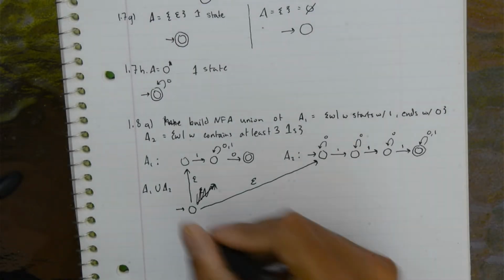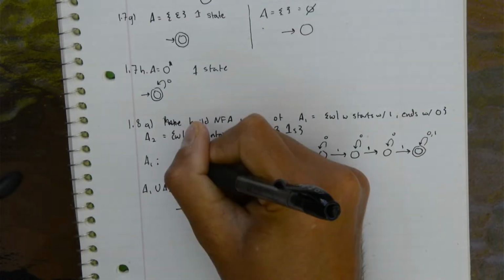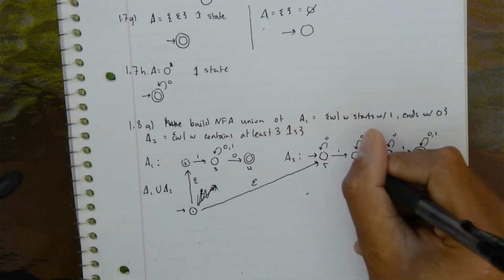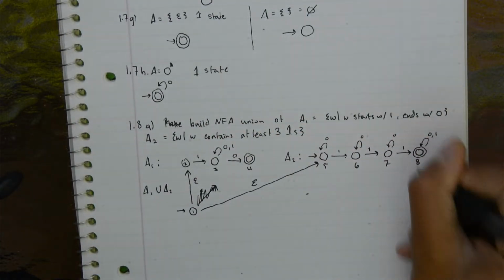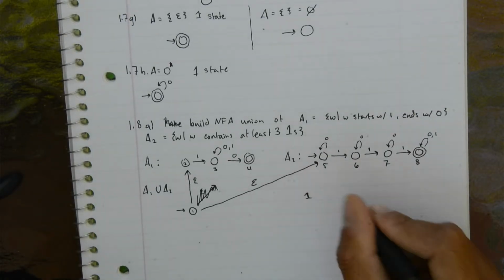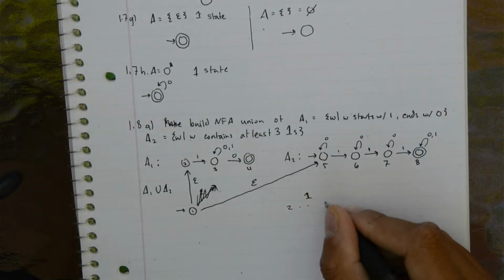So first off, let's say we number the states 1, 2, 3, 4, 5, 6, 7, 8. Let's say we're in state 1, and we get the epsilon string. Now we're in states 2 and 5.